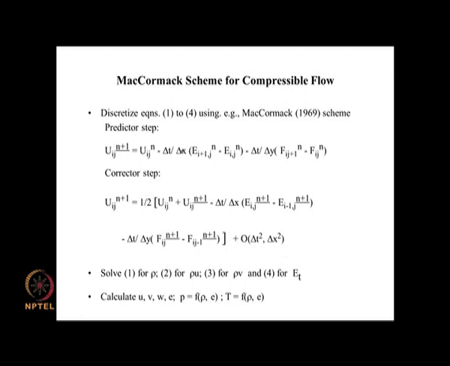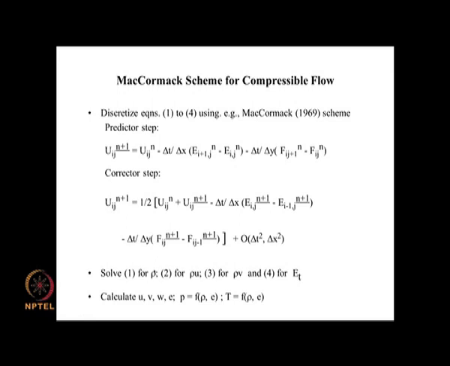Now, after we get rho, we solve using this and this again, but taking the second equation for rho u, and then the third equation for rho v and the fourth equation for E_t.